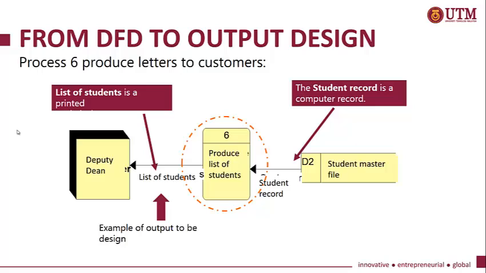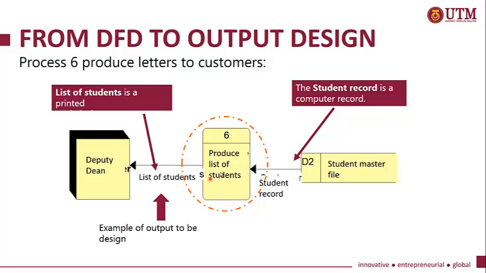So this is an example of how you produce the output design from the DFD. For example, take a look at process number 6, the procedure to produce the letter for, I think, the student, not the customer, because the process actually produces a list of students. To produce a list of students, you need to retrieve the records from the student master file, and then process them in process number 6 to produce a list of the students.